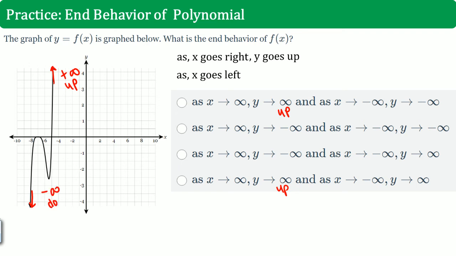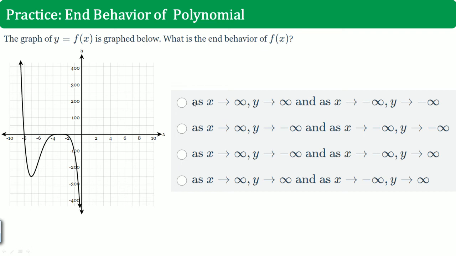It goes down. So it's this one. This goes down, and this goes up. So as x goes to the right, y goes up. As x goes to the left, which is x going to negative infinity, y goes down. So it should be this one, the first one.